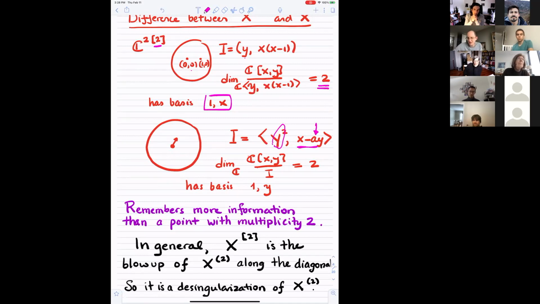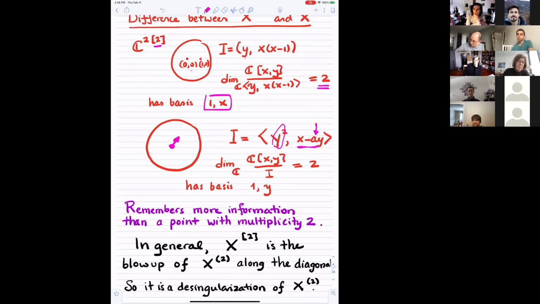They're not the same ideals. And then, you can sort of draw a little cartoon of this thing as a point together with a little tangent direction, where the tangent direction is telling you what the slope of that line is. That's defining this ideal.